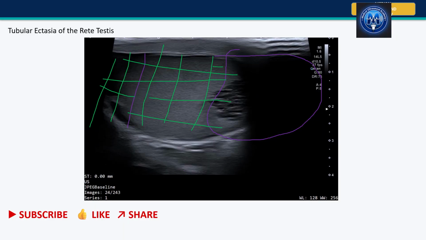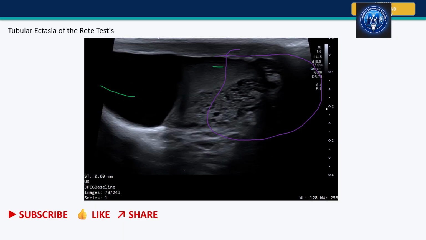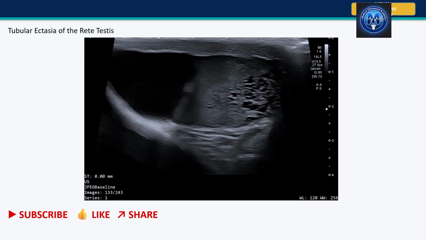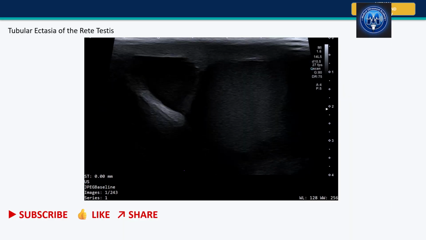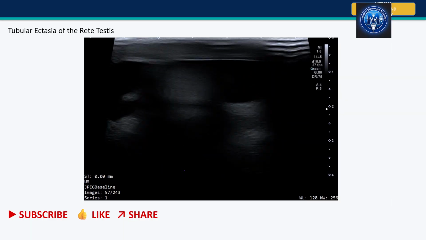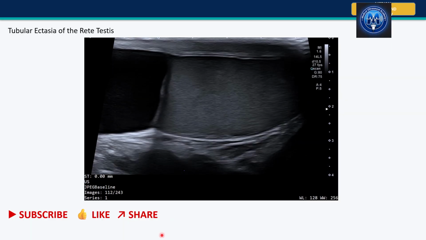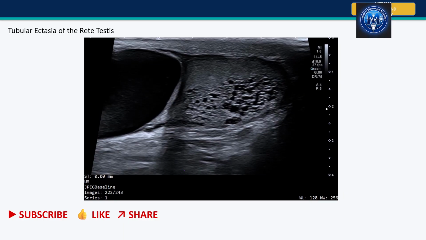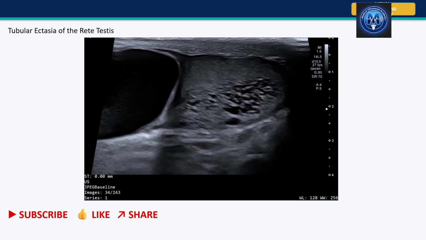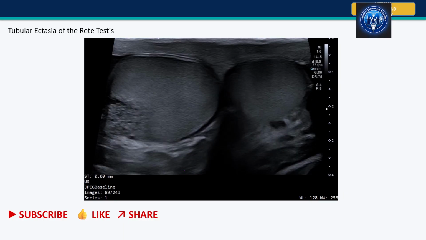So this one, since it's only contained and localized here, you cannot see the epididymis tissue around it. That's why it is an encysted hydrocele.